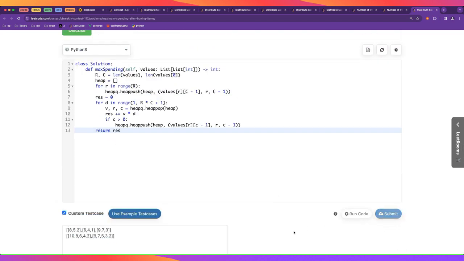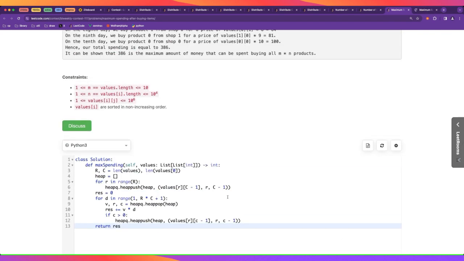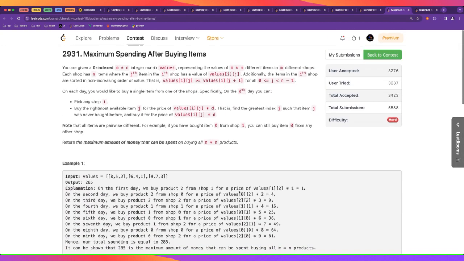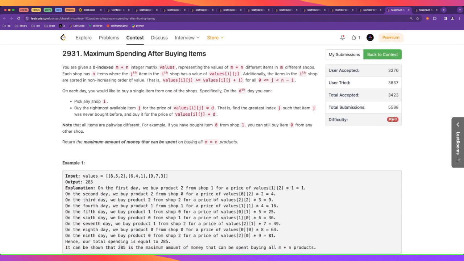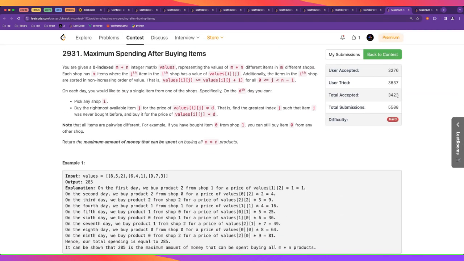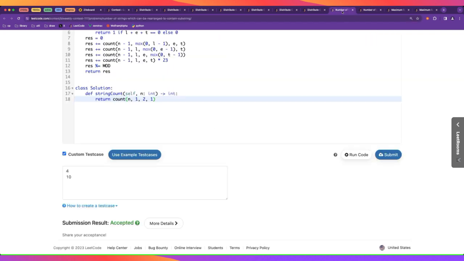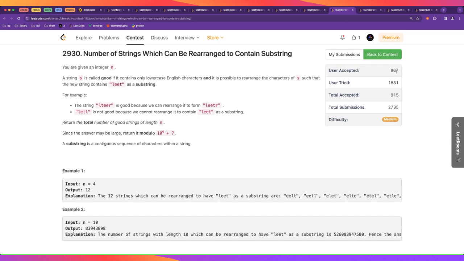Okay, it works. And accepted. So yeah, this one was on the easy side of a hard. I think it had more users accepted than question 3.